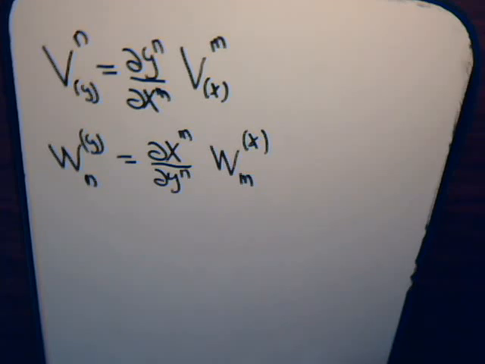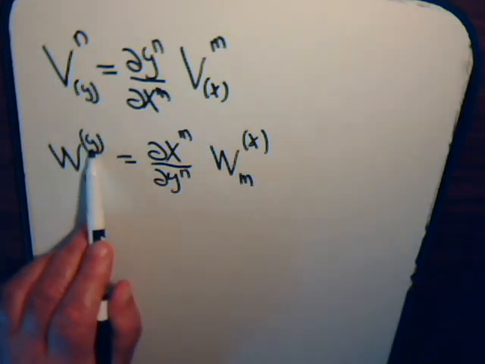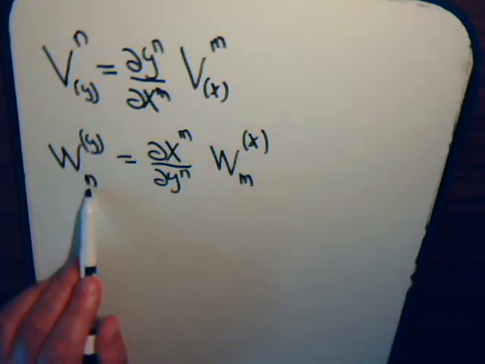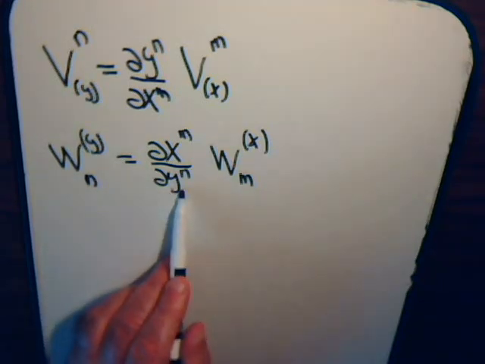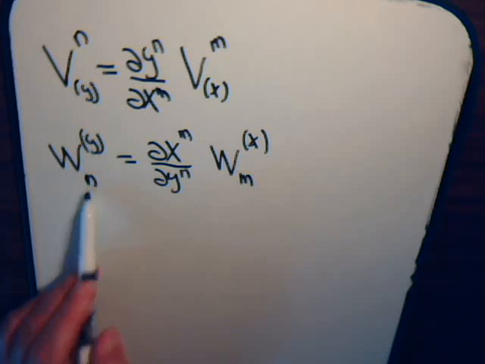For a covariant vector now, here then we are in the y frame, but the nth component now is down here as a subscript. So we know then that it has to appear in the denominator because it's downstairs here.